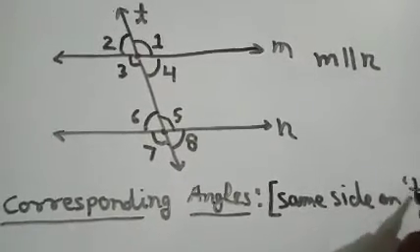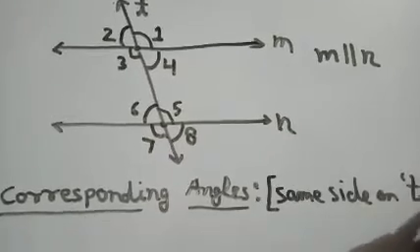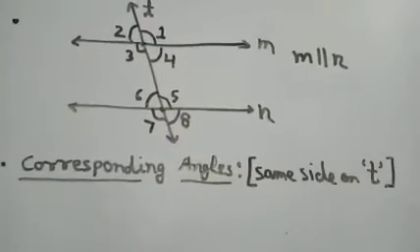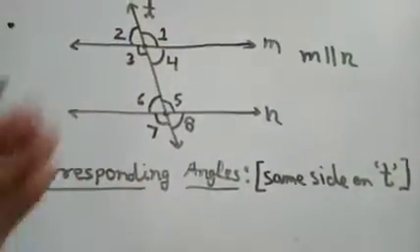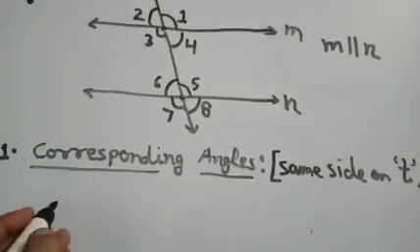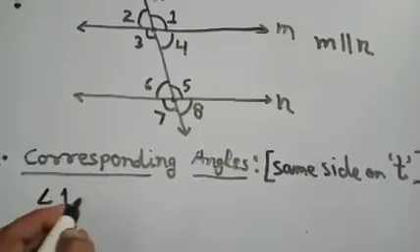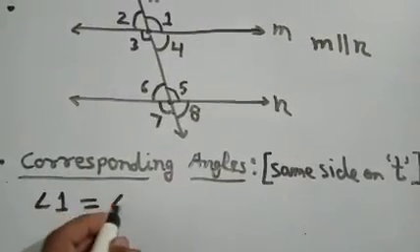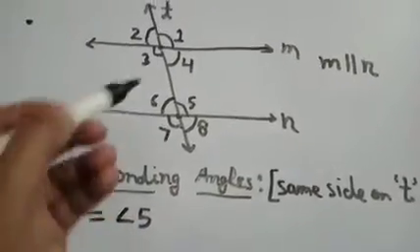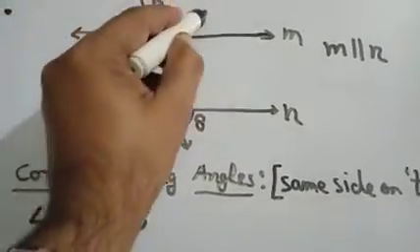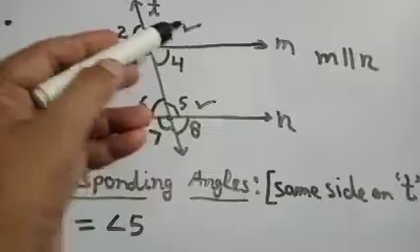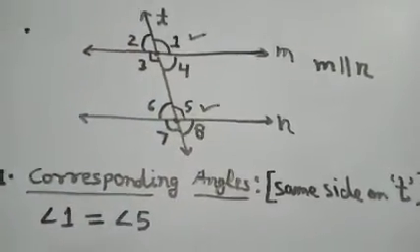I represent the transversal with the small letter T. The same side of T means right-hand side or left-hand side. Angle 1 is equal to angle 5. These are corresponding angles. Angle 1 and angle 5 are said to be corresponding angles.